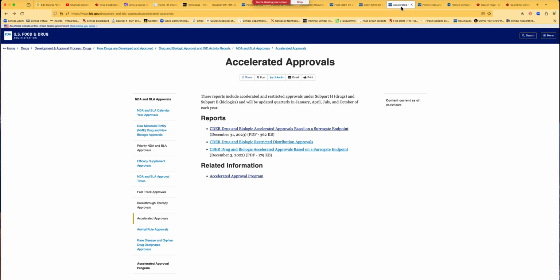We have here a page for the accelerated approvals on the US Food and Drug website. Here, we don't have a search interface like in a database.